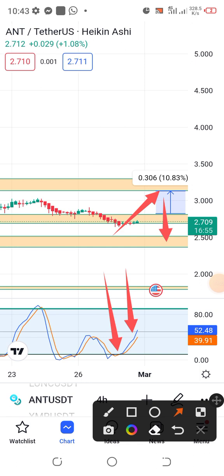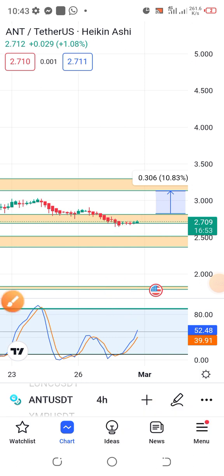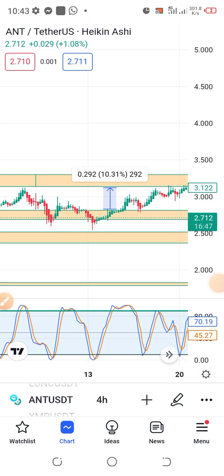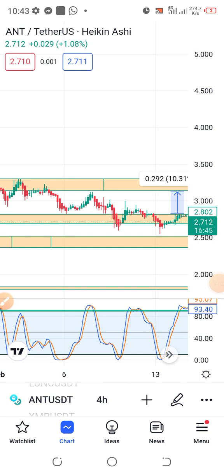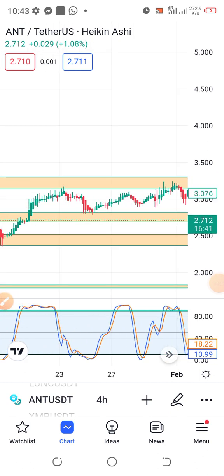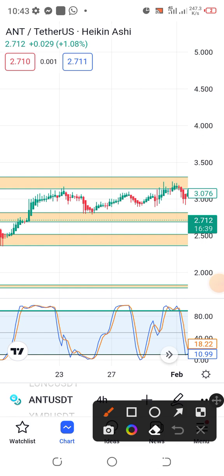All right. So if someone entered there, they made a percentage. Let me try to measure again so that we can see before we go to another coin.